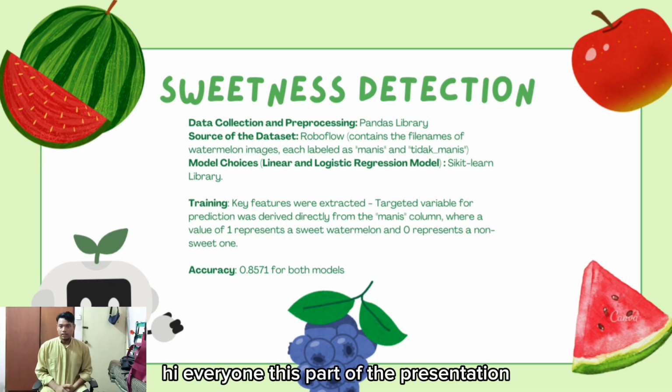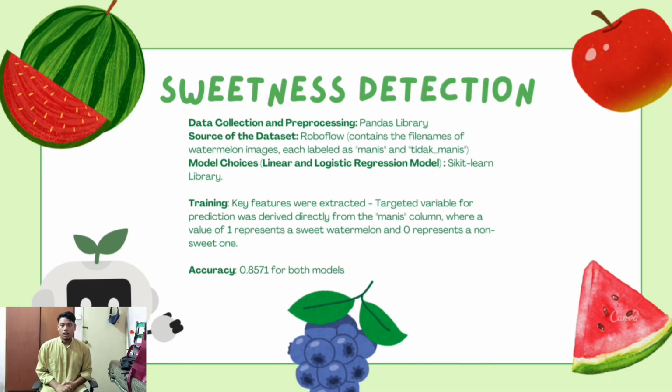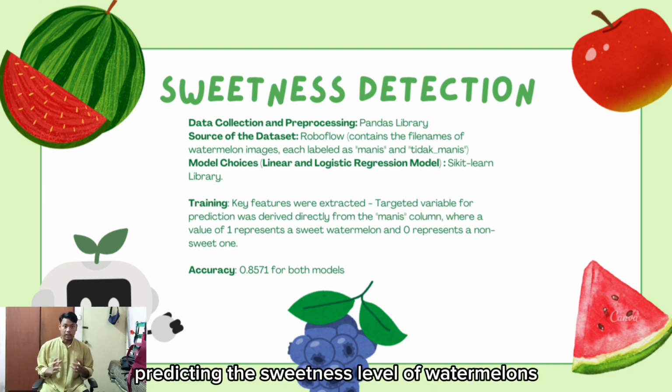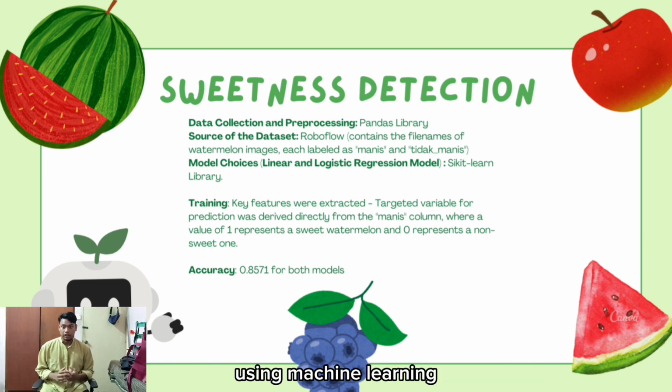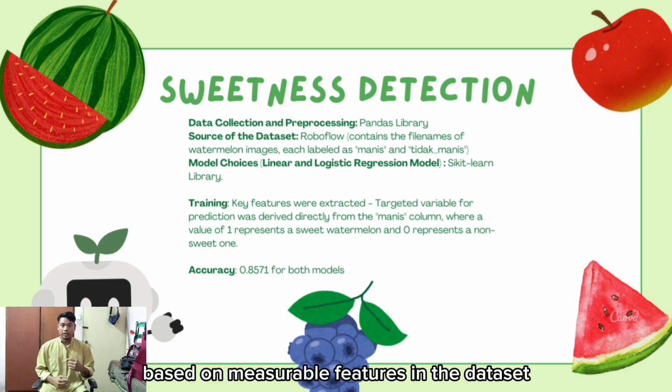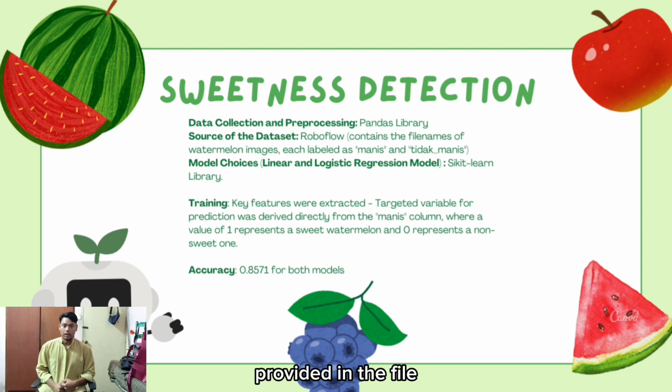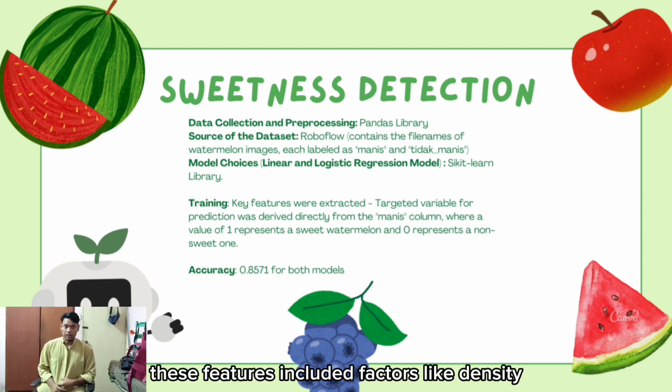Hi everyone! In this part of the presentation, I'll walk you through the methodology and the results of our project, which focuses on predicting the sweetness level of watermelons using machine learning. We use a linear regression model to estimate watermelon sweetness based on measurable features in the dataset provided in the .csv file.